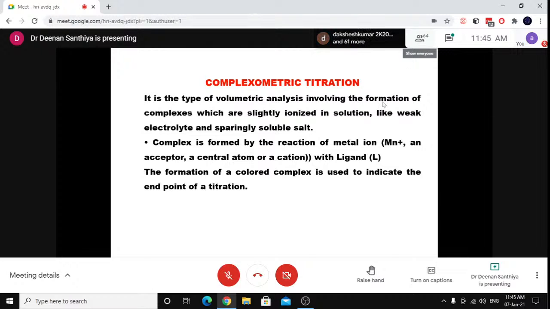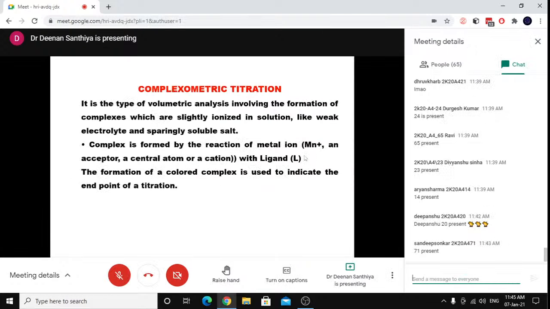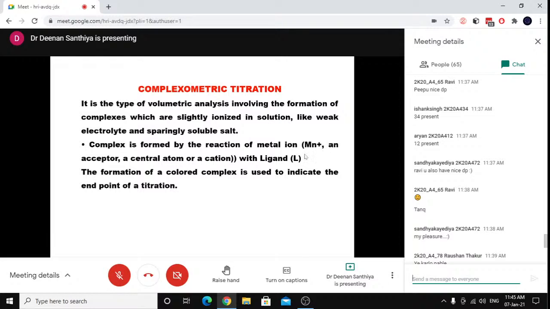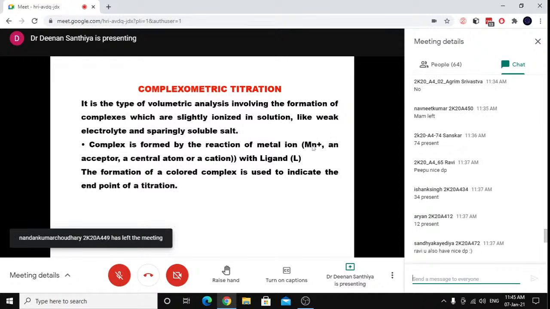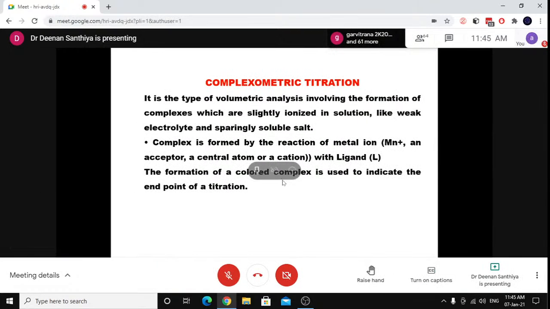It involves the formation of complexes, strongly ionized in solution. The complex is formed by the reaction of the metal ion and the ligand. The ligand gives a pair of electrons and forms a coordination bond with the metal ion.